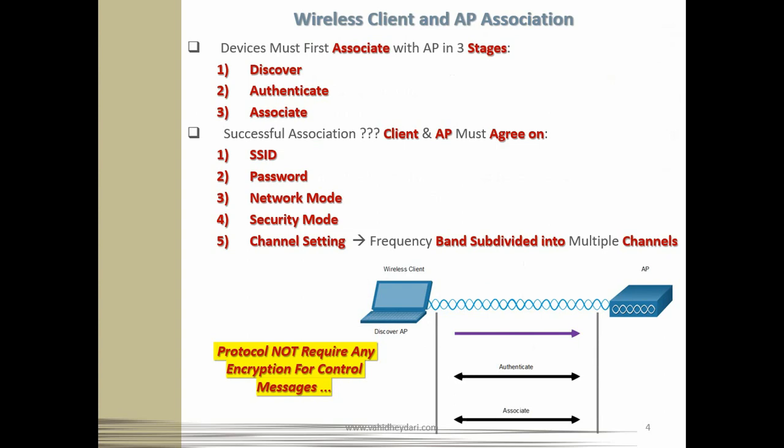To be able to think like an attacker, you first need to understand how a technology works, how it operates. In this case, how a wireless device gets associated with an access point. And after you come to know how things work or operate, then you can start thinking about vulnerabilities.